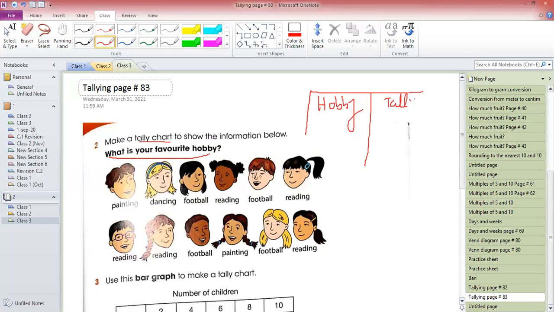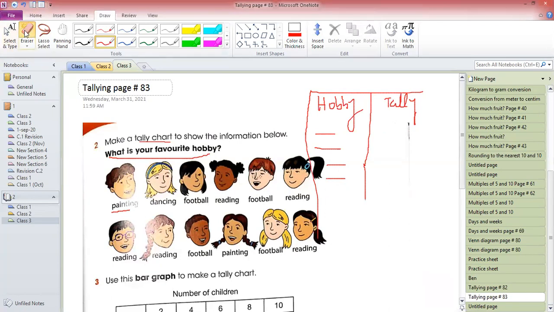In hobby, I will write painting, dancing, football and reading. Football and reading I have already written, so I will not write them again. So there are four hobbies. Then I will start marking tally.